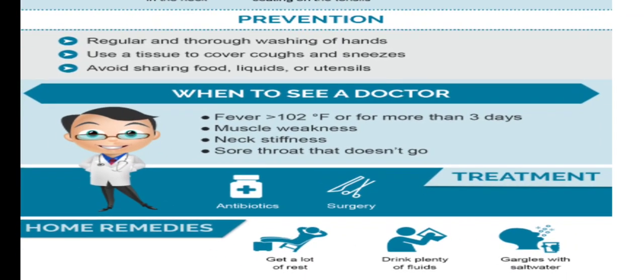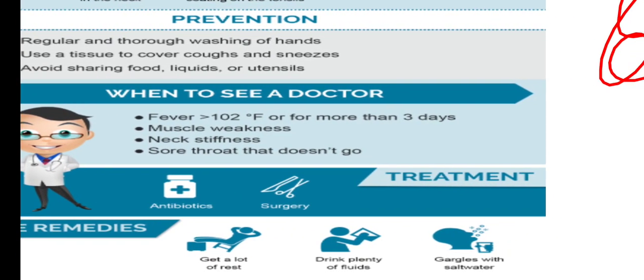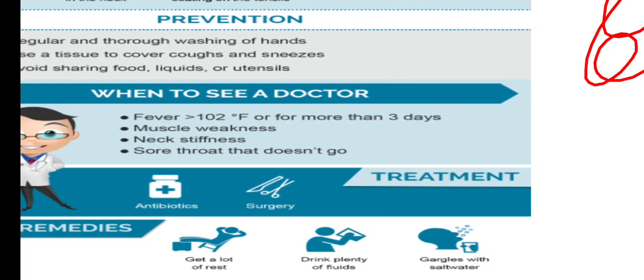If any person is experiencing fever of more than 102 Fahrenheit, or muscle weakness, neck stiffness, or a sore throat that won't go away even after certain home remedies, then we must see a doctor.